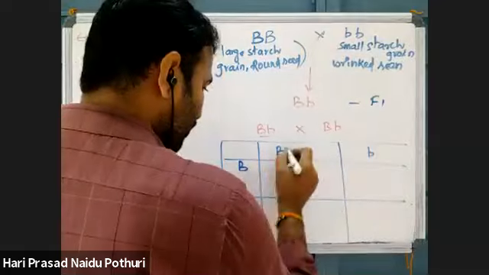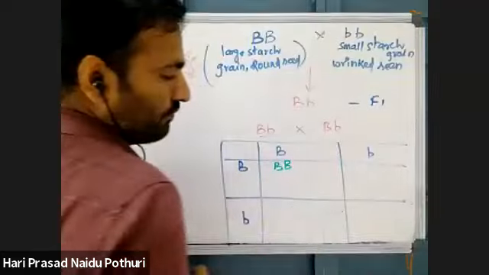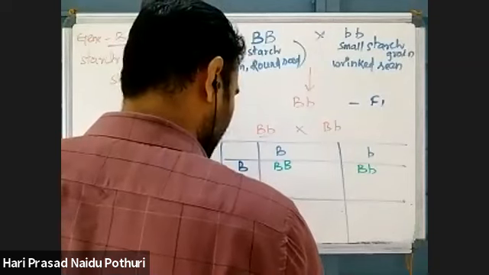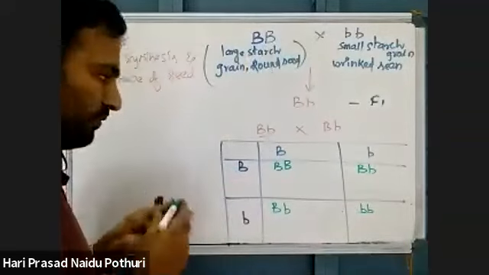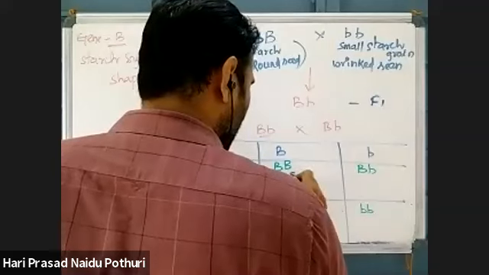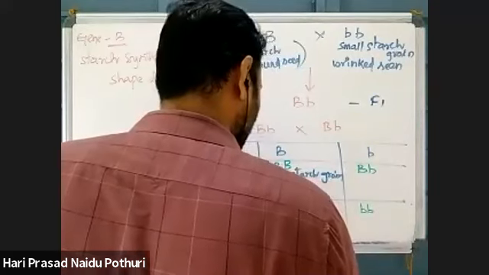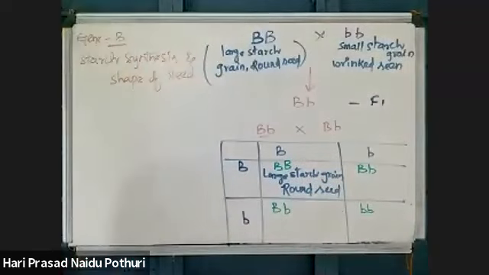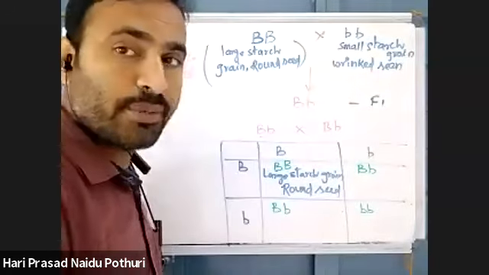Both dominant will get capital B, capital B. Here capital B, small b, capital B, small b, small b, small b. Here, large starch grain, round seed. Large starch grain is produced by capital B, and the seed is round shaped.